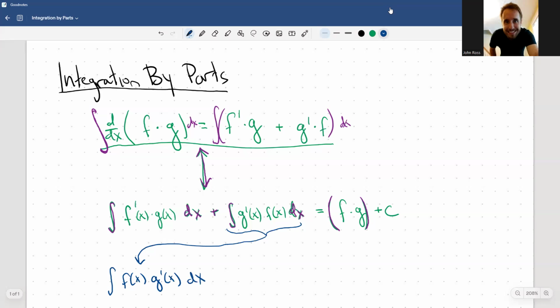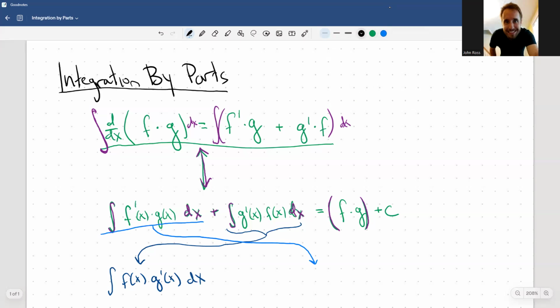And then I'm going to take this other piece and move it to the other side of the equal sign, but it's going to have a negative sign on it because I've subtracted it over.